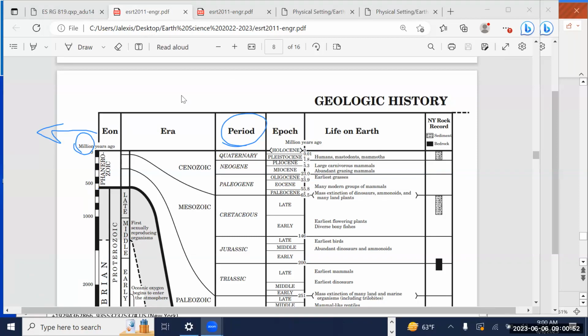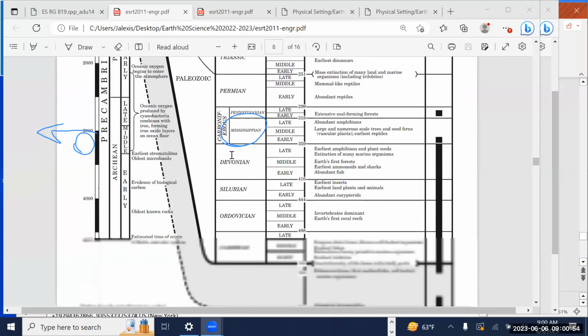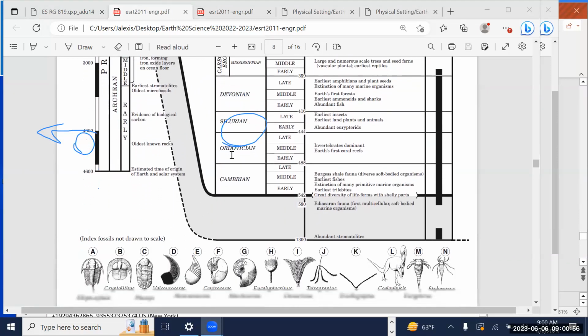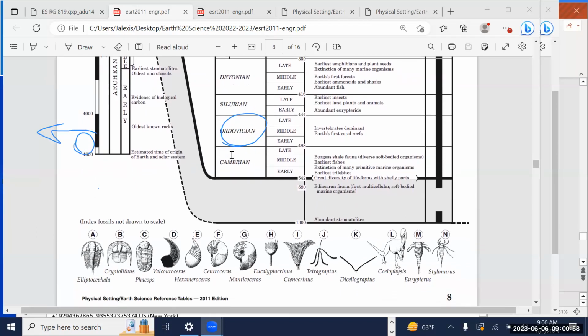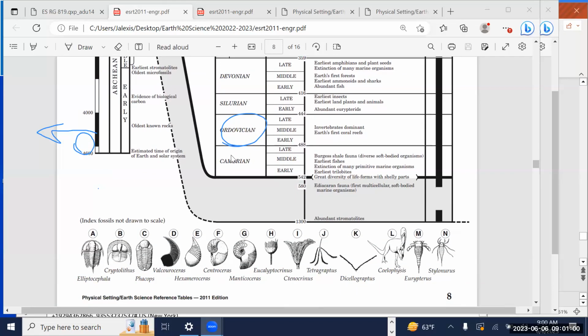And when you check your own reference tables, you'll notice that the second to the last line is the Ordovician. So your correct answer for number 60 is this word right here, Ordovician. That's a geologic period. All right.